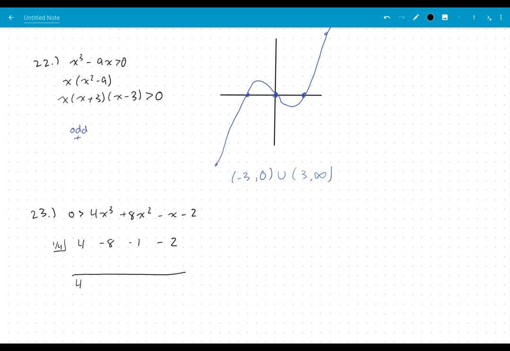You guys want to do 1/4? Because 2 divided by 4 is 1/2. We can do 4 and then 1, then negative 7, negative 7/4. That's not a fun one to do, but it's not going to add up the right way.